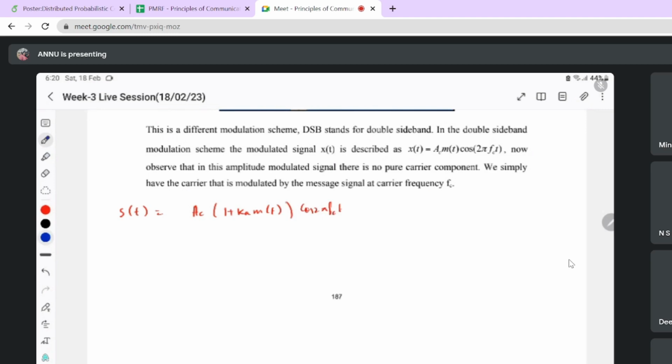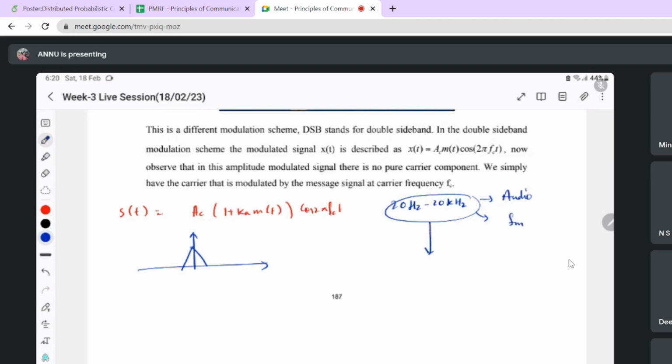In practice, what should be the frequency of any message signal? You know that we have a voice signal of frequency 20 hertz to 20 kilohertz, right? This is the frequency of audio. This one is called the frequency of the message signal, fm.